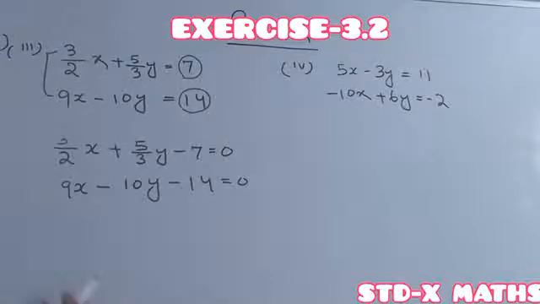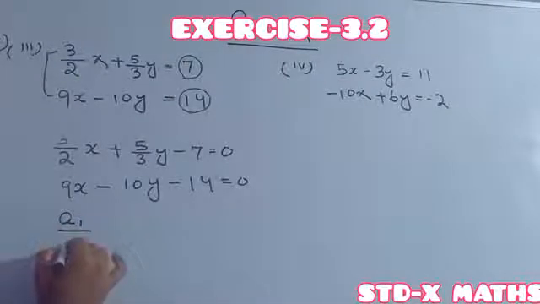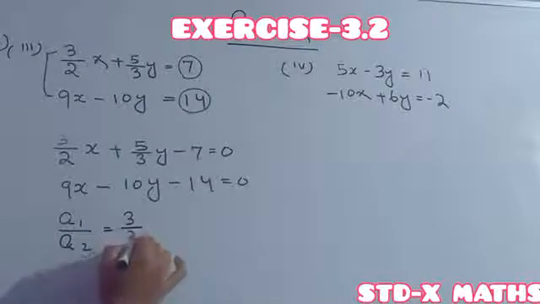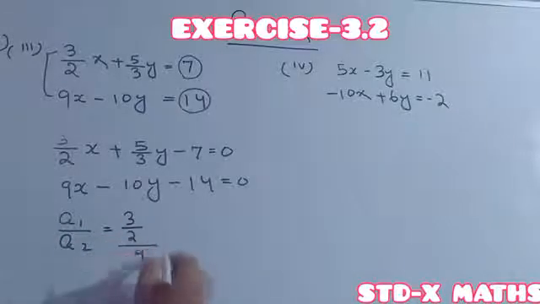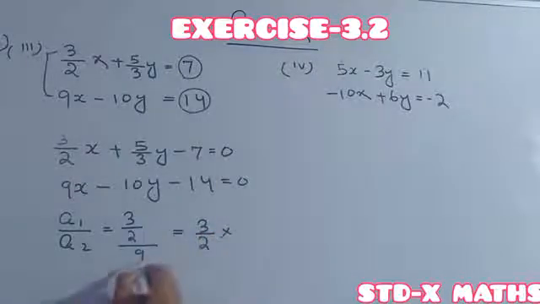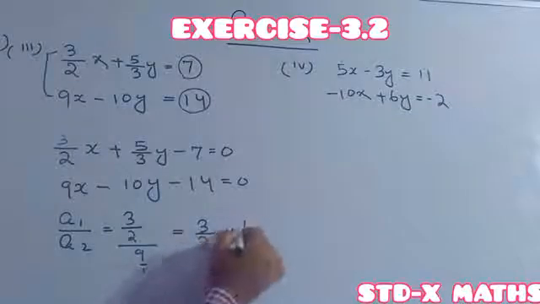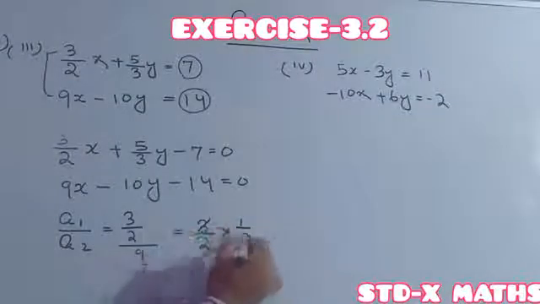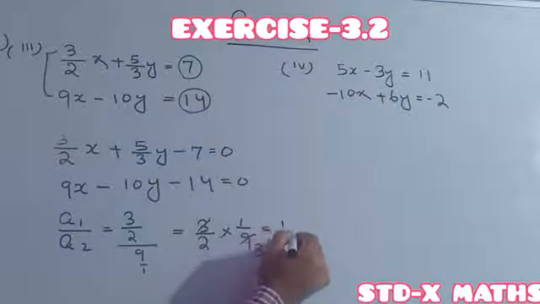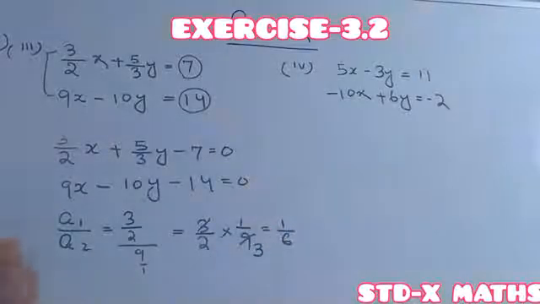Okay, so here A1 by A2 is 3 by 2 divided by 9, which becomes 3 by 2 into 1 by 9. 3 cancels with the 9, which becomes 1 by 6. Here A1 by A2 is 1 by 6.